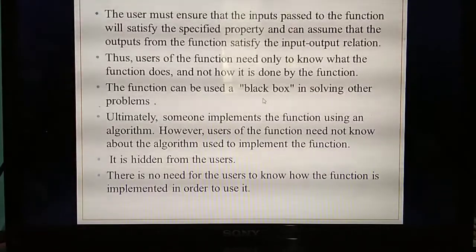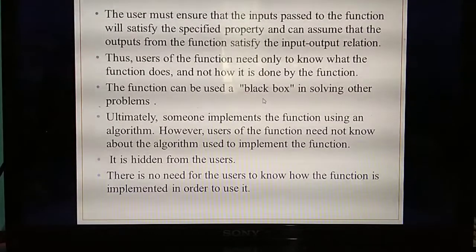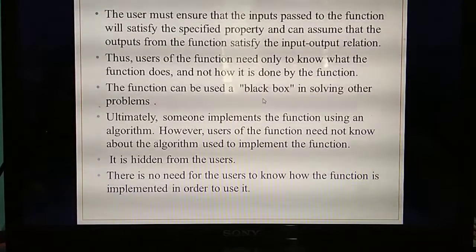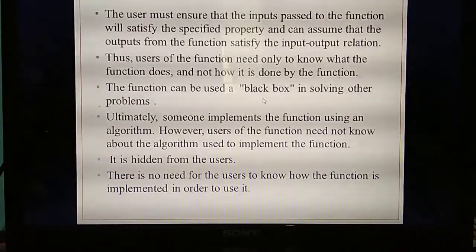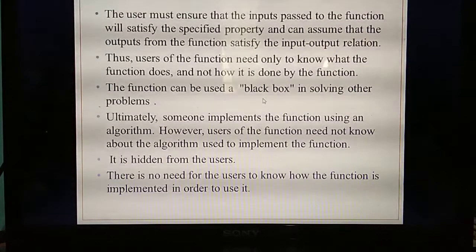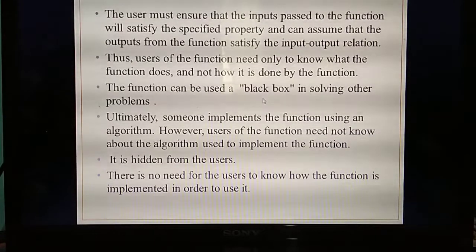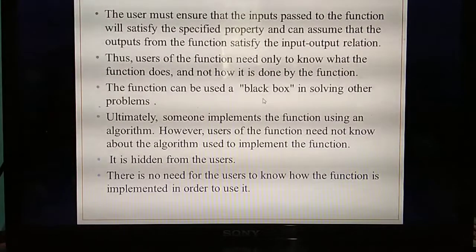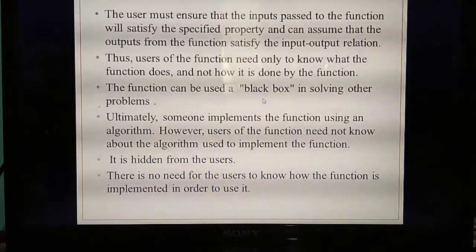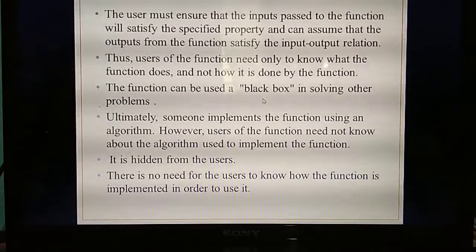For example, one example you studied in abstraction, are you remembering? One person is going to ride a bicycle. To ride a bicycle, he should know only about the brake, the handle, and the pedal. Only these things he should know, that's enough.